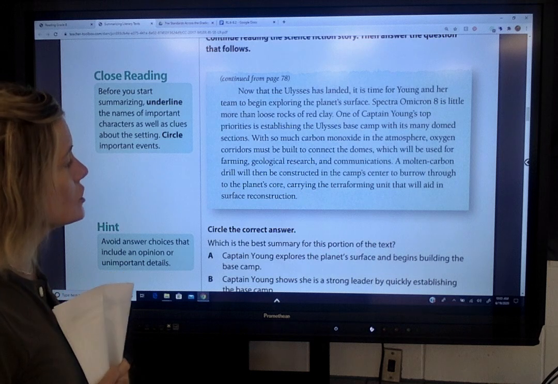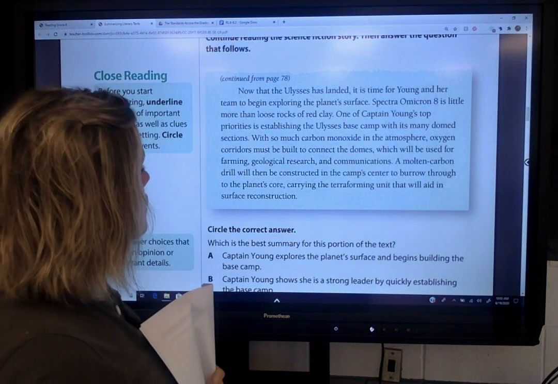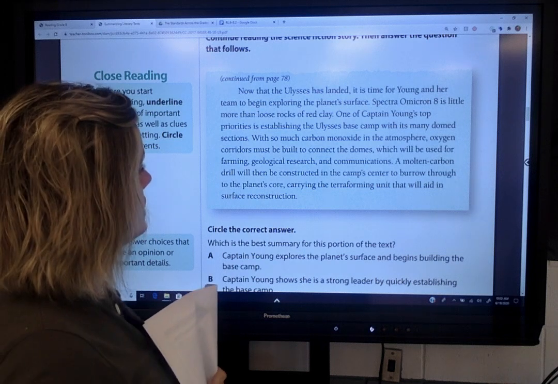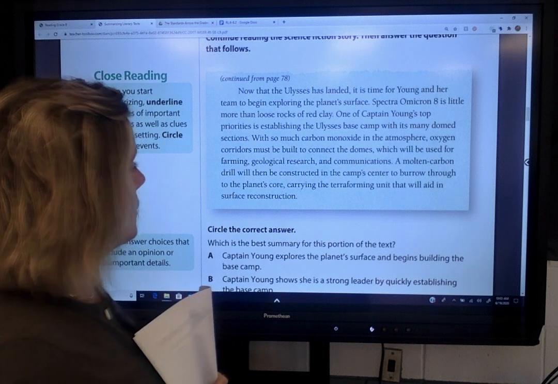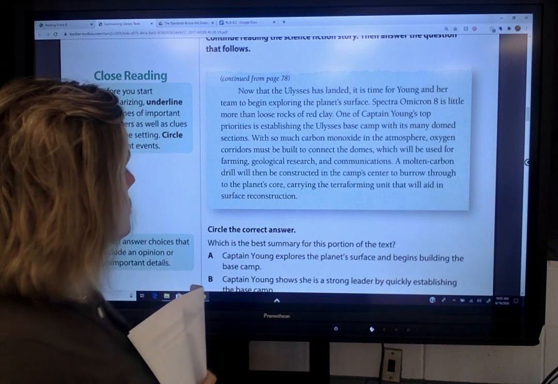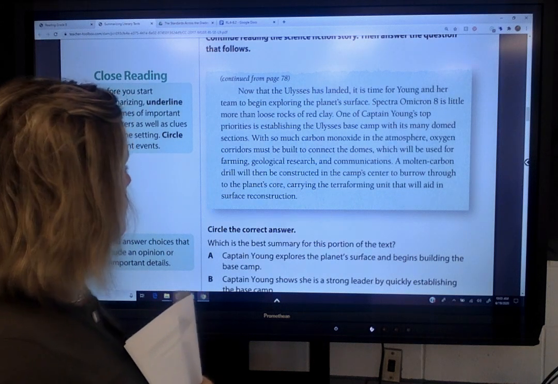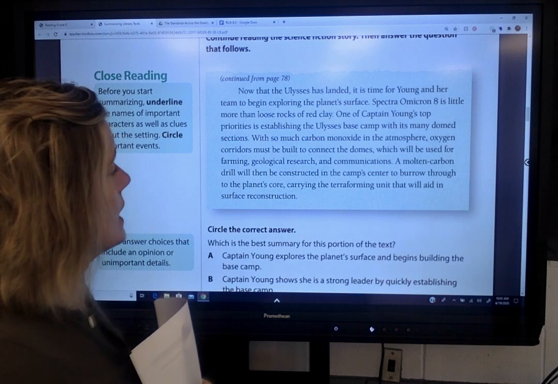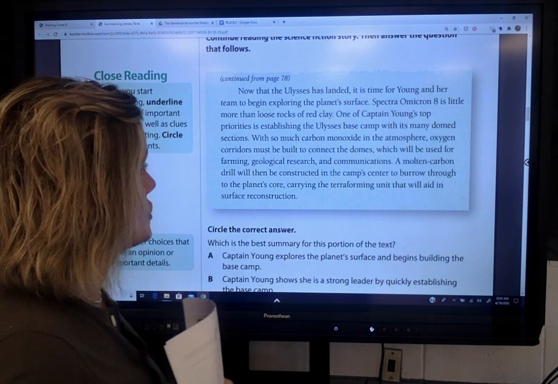With so much carbon monoxide in the atmosphere, oxygen corridors must be built to connect the domes, which will be used for farming, geological research, and communications. A molten carbon drill will then be constructed in the camp's center to burrow through to the planet's core, carrying the terraforming unit that will aid in the surface reconstruction.